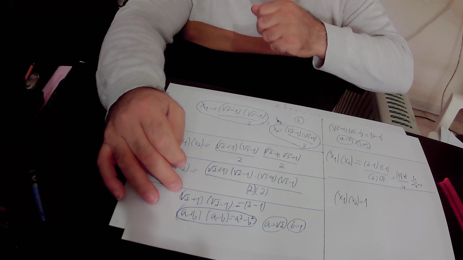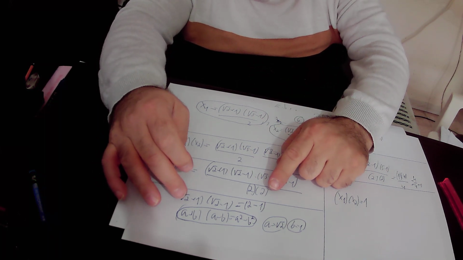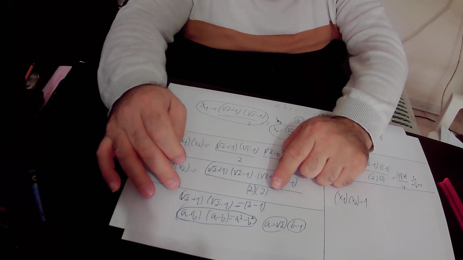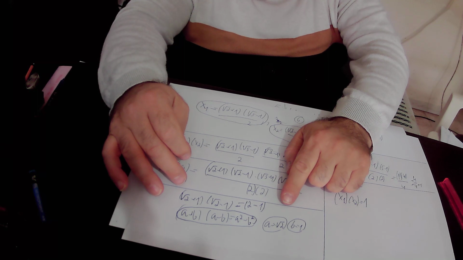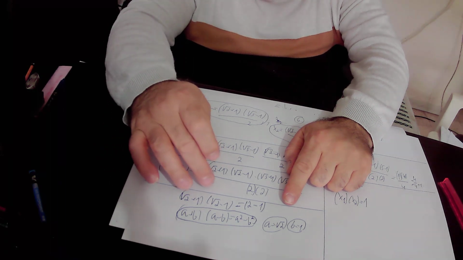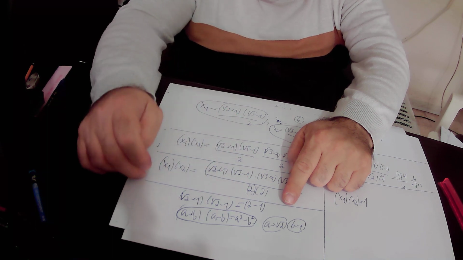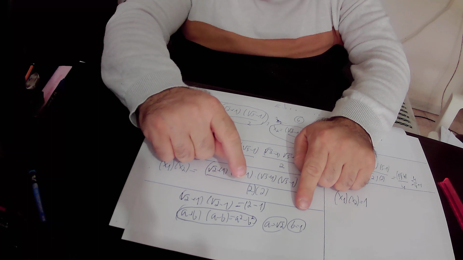Therefore, our specific expression will also equal a squared minus b squared, when a equals square root of 2 and b equals 1. So this expression equals a squared minus b squared. A squared is square root of 2 squared. Square root of 2 squared is 2, minus b squared.